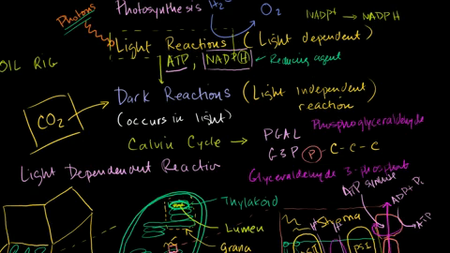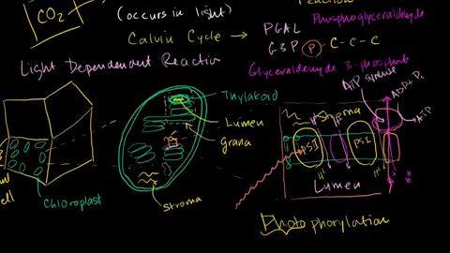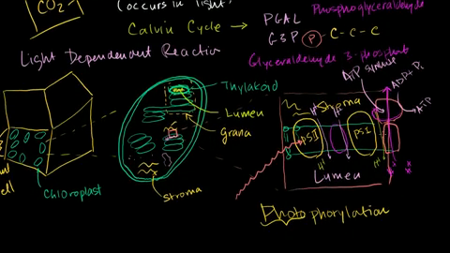Well, if we're talking about non-cyclic phosphorylation, or non-cyclic light reactions, after that electron keeps entering lower and lower energy states, the final electron acceptor is NADP+. So once it accepts the electrons and a hydrogen proton with it, it becomes NADPH.